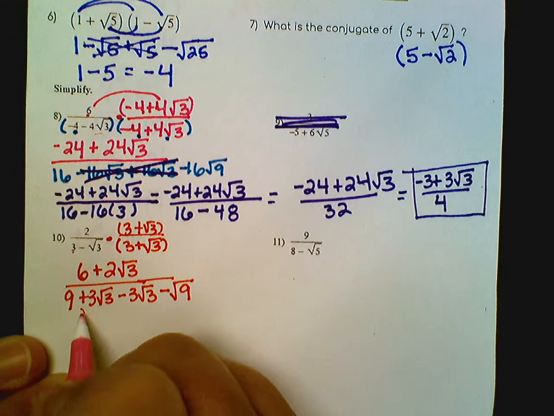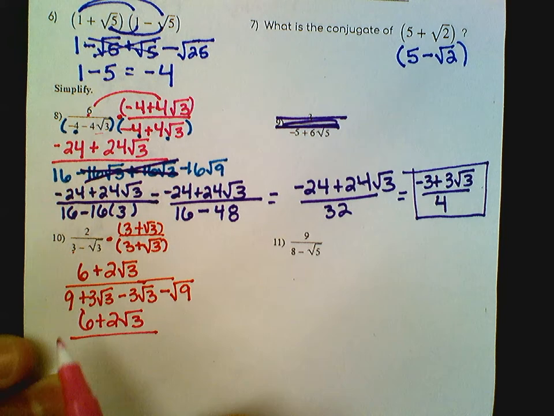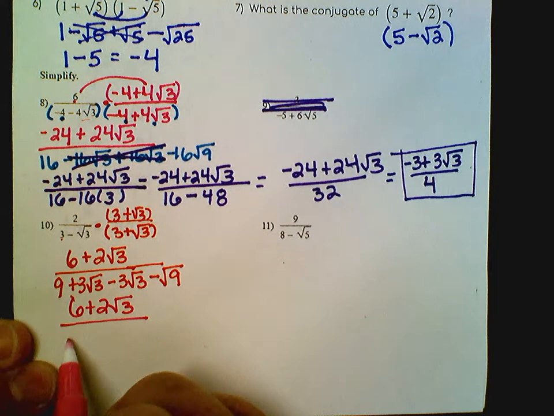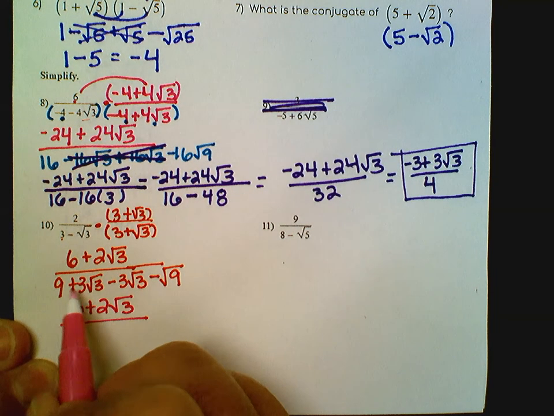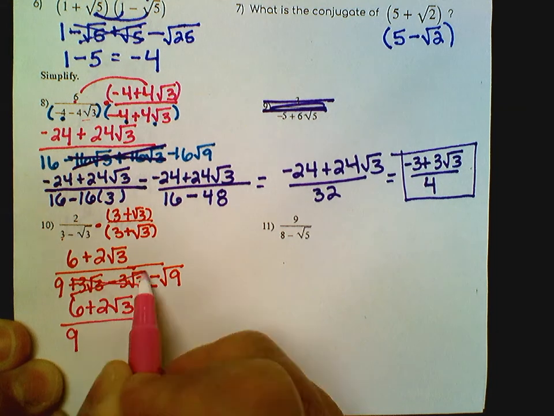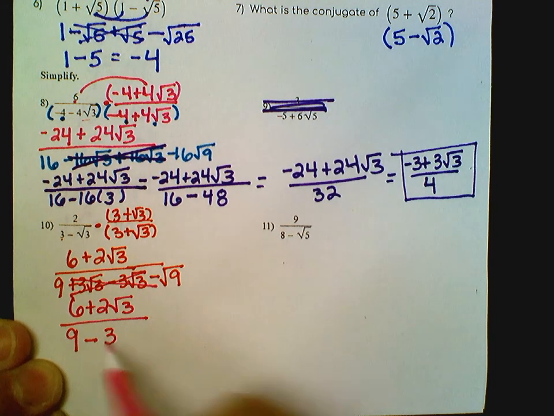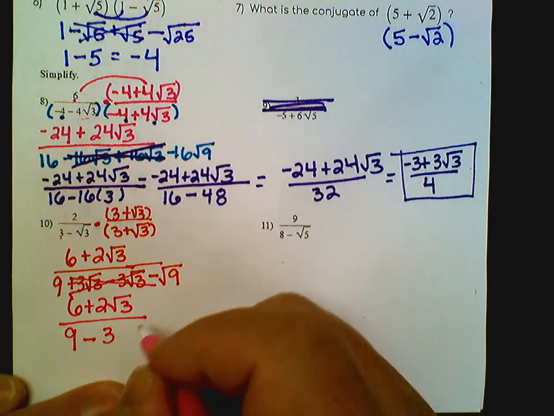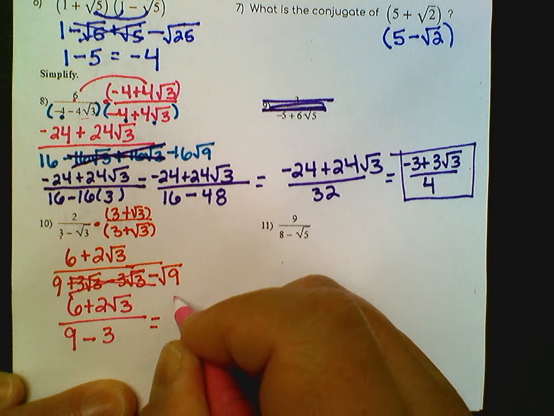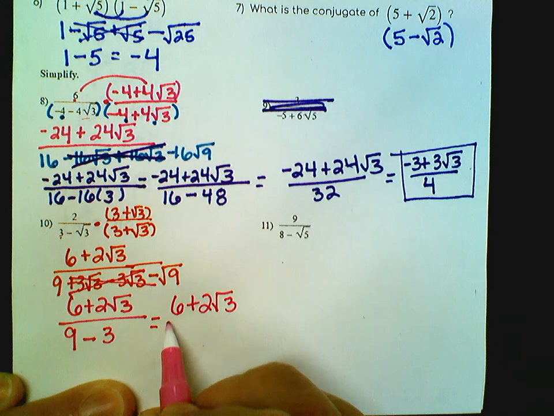Okay, so we have this in the top. And then I have 9. 3 times the square root of 3 minus 3 times the square root of 3 is 0. Minus the square root of 9 is 3. So my numerator is 6 plus 2 times the square root of 3.